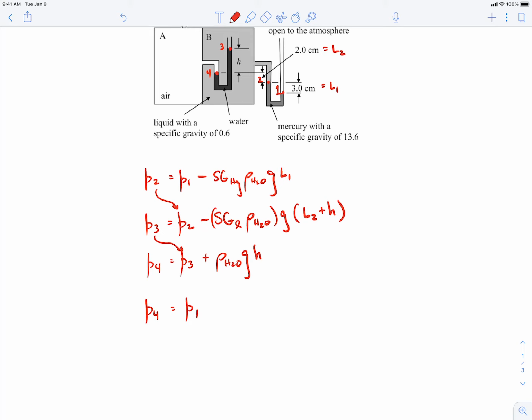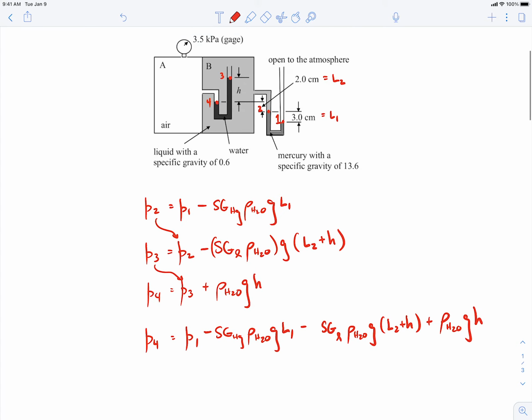I won't bore you with all the algebra. I'll just write the whole thing out. So that is the pressure at 4 in terms of the pressure at 1.